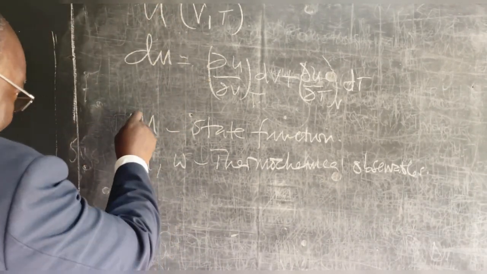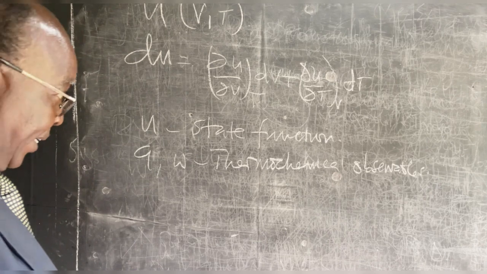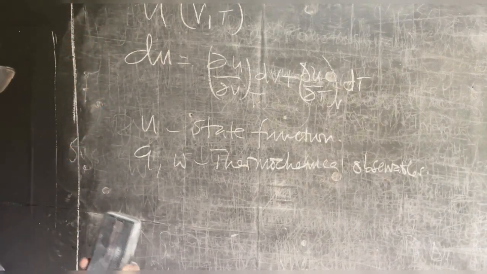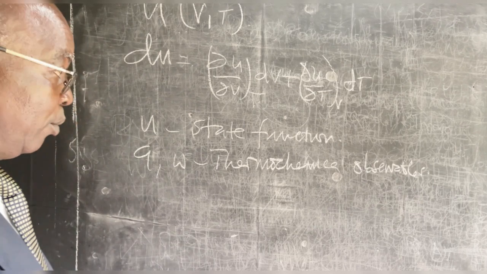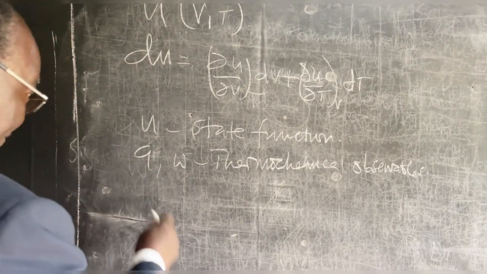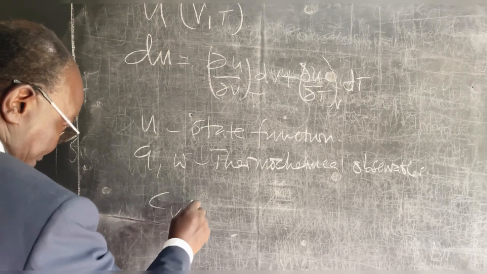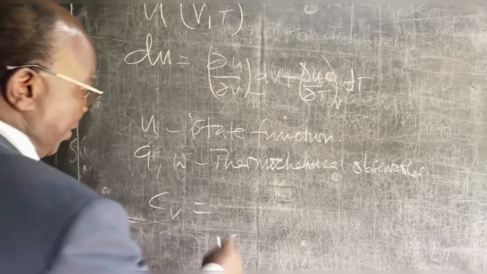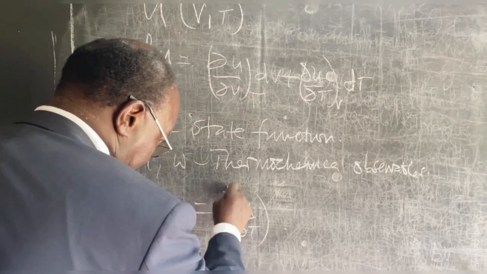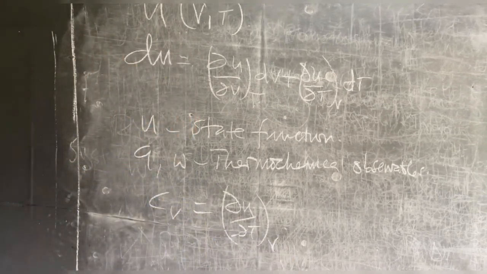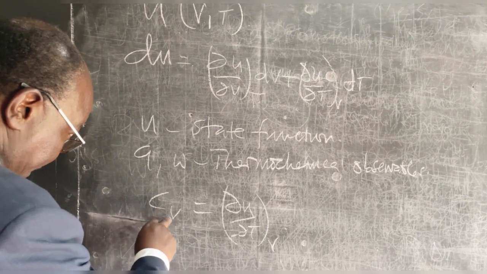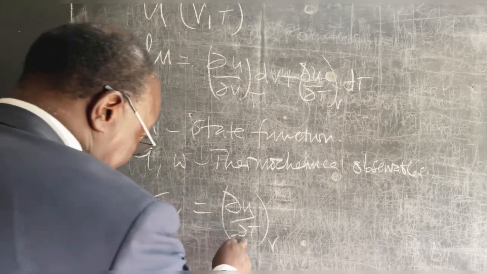Let us see how we can relate U and enthalpy H as state functions in relation to thermochemical observables Q or W. So, for example, if we remember that CV, the isochoric heat capacity, we had said was (∂U/∂T) at constant V.